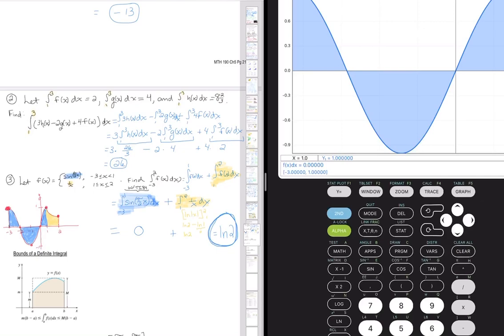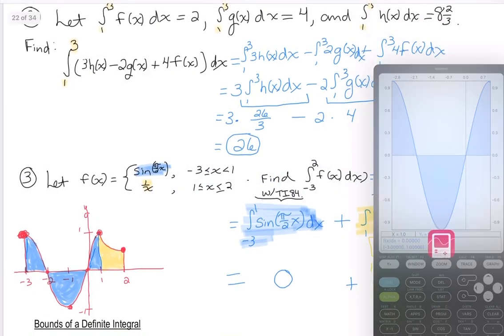Here's the one thing I don't like: your graphing calculator will show the integral symbol where it says f of x dx, and that's equal to 0. So this is a more accurate depiction, but you can see how the areas above the x-axis are equal to the area below the x-axis, and that's how we ended up with 0. All right, so that was a good example to look at.